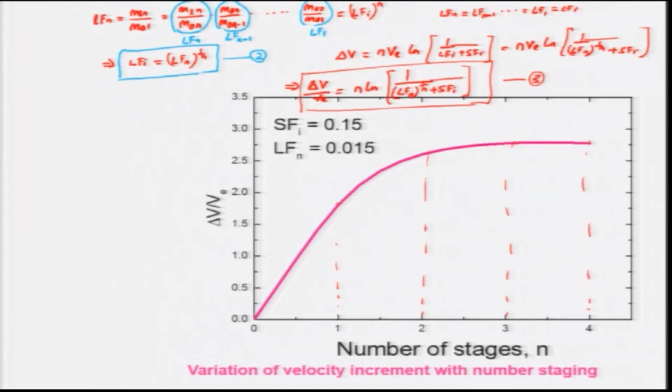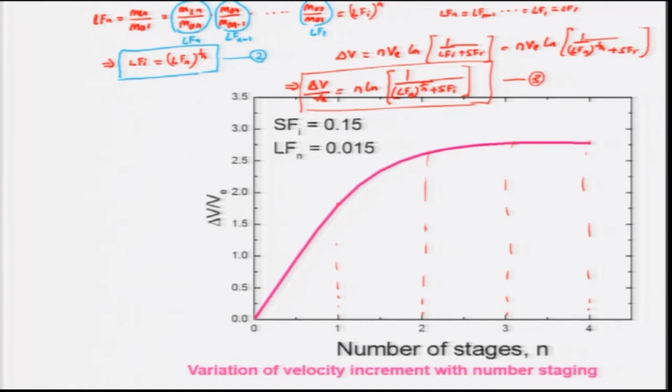Therefore, it is advisable to go for 3 stages only, because in comparison to the complexities involved in more stages, we are not gaining anything by going beyond 3 stages. So, generally 3-stage rocket engines are preferred.